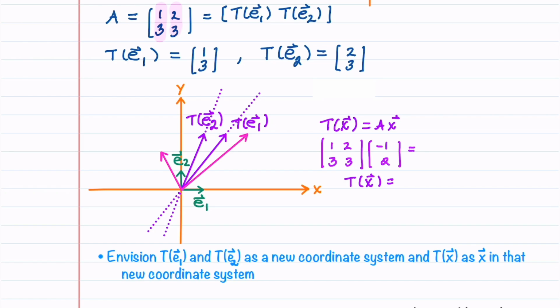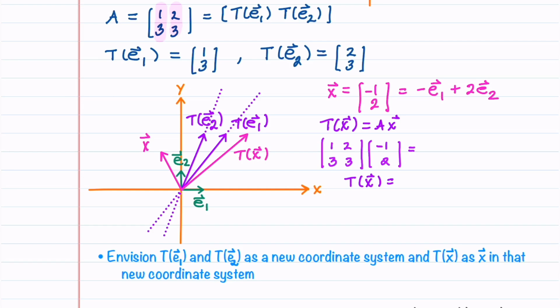Our vector x is pictured down here in pink, and that vector is equal to (-1, 2), and we can think of this vector as minus e1 plus 2 times e2. In the same way, we can think of T of x as a linear combination of T of e1 and T of e2, just like x was a linear combination of e1 and e2.